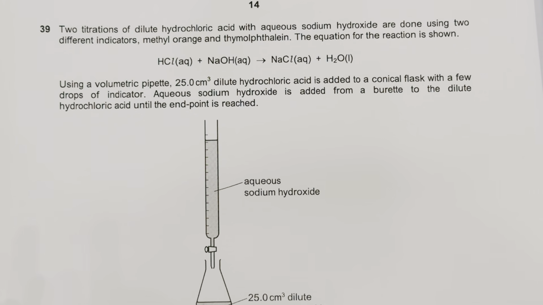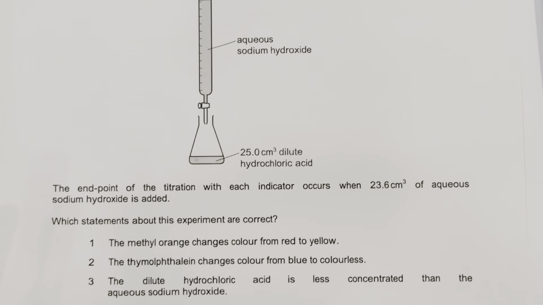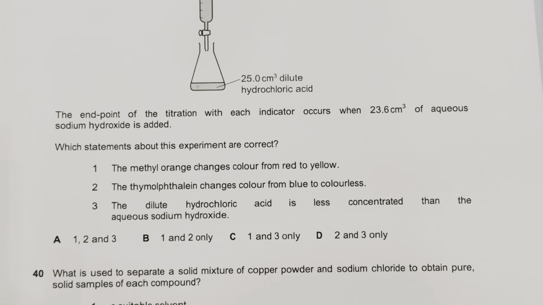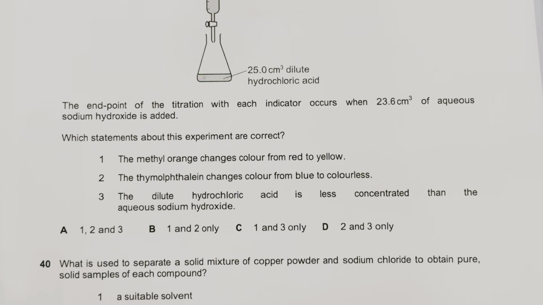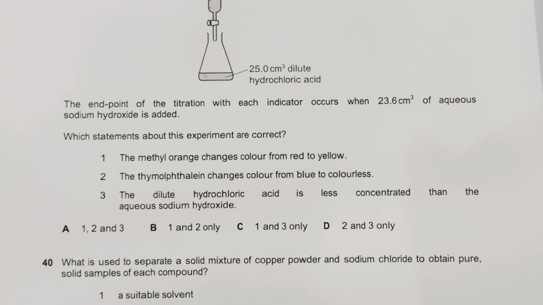Aqueous sodium hydroxide is added from a burette to the dilute hydrochloric acid until the endpoint is reached. The apparatus is shown. The endpoint of the titration with each indicator occurs when 23.6 cm3 of aqueous sodium hydroxide is added. Which statement about this experiment is correct?